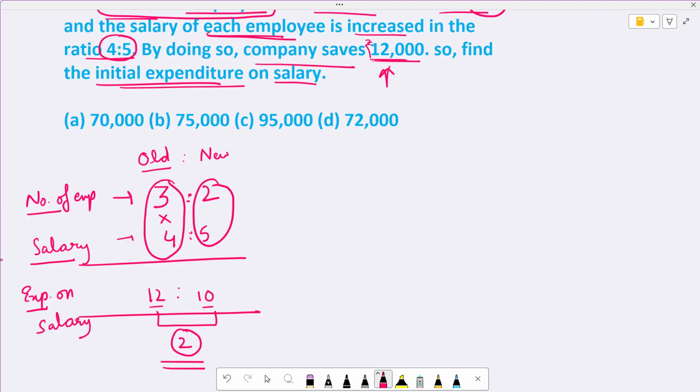Very simple because they are saying the company saves. Saves by what? Saves by doing the shift from the old composition of the employees and salary to this new shift. कि जो नंबर ऑफ एम्प्लॉयज है उनको डिक्रीज कर दिया और सैलरी को इंक्रीज कर दिया. ऑब्वियसली सैलरी में कम इंक्रीज हुआ होगा, नंबर ऑफ एम्प्लॉयज में ज्यादा डिक्रीज हुआ होगा. इसी वजह से here we have the expense on salary that is reduced.